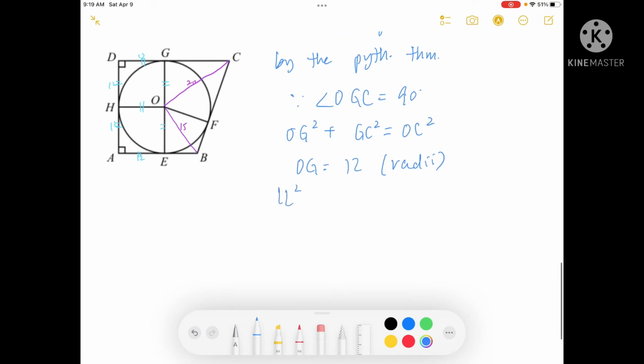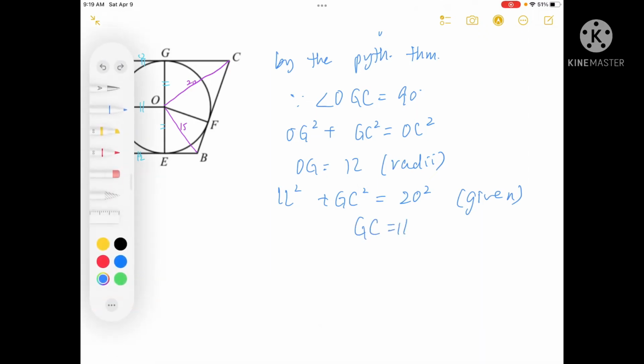So 12 squared plus GC squared is equal to 20 squared, because OC is 20 as given. So we can solve for this one. GC is equal to 16.